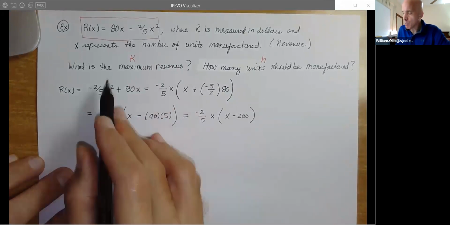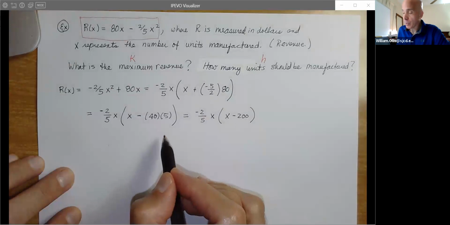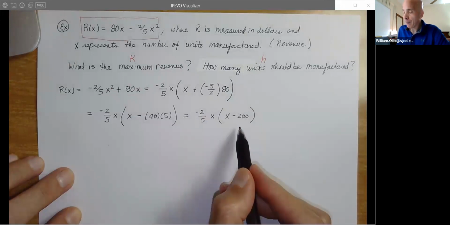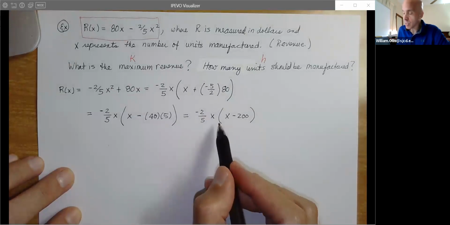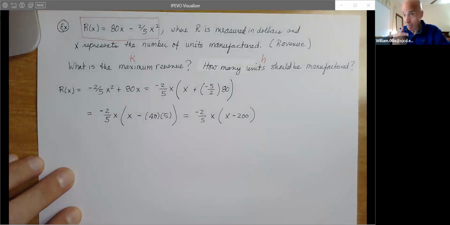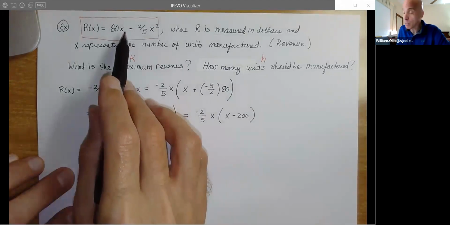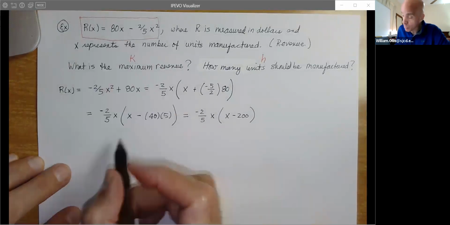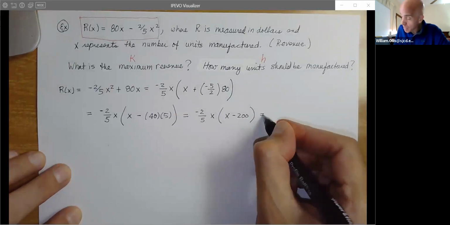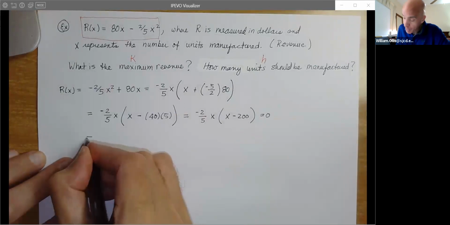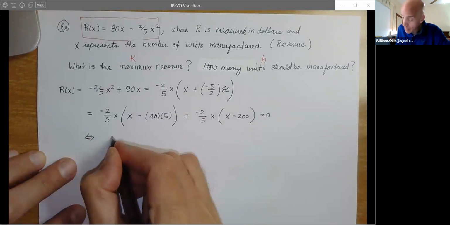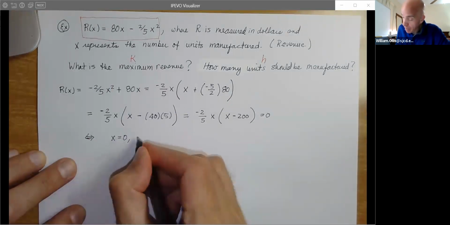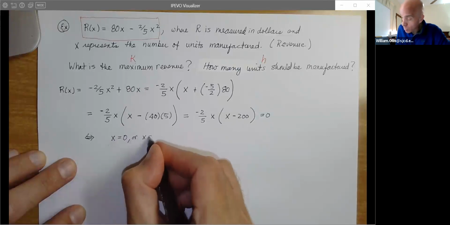Just by doing this basic factoring here, we now can see that the intercepts are just 0, which we get for free. We know that one of them's got to be 0. We just have to add the other one. We get 200. So we'll say this equals 0 if and only if, this is just a 0 product, X equals 0 or X equals 200.